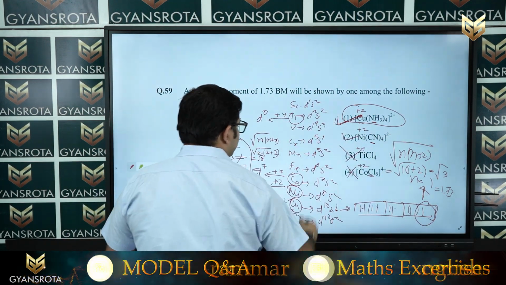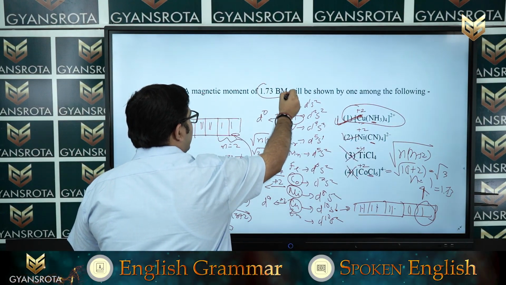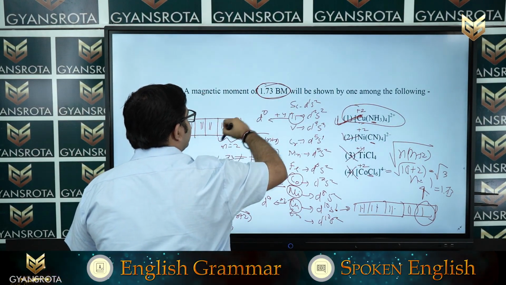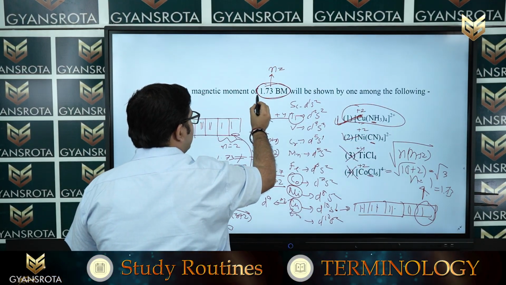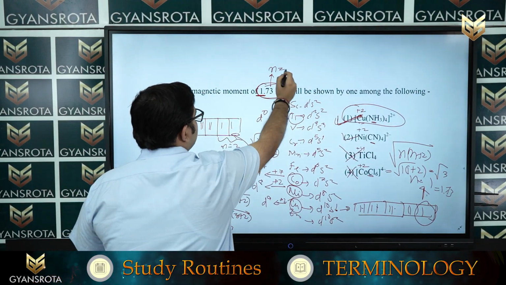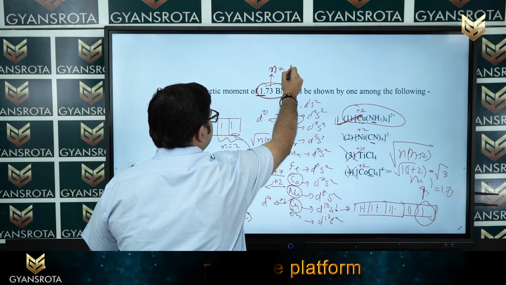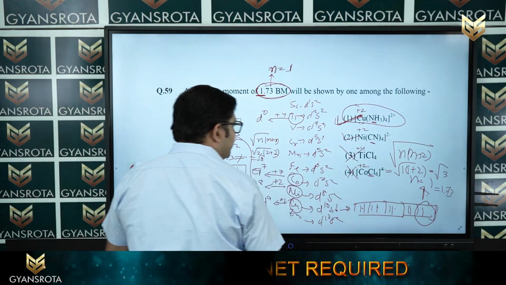Now, in the examination you do not need to do all this. If the value is given as 1.73, it means you have to find the number which comes before the point. So, your number of unpaired electrons is 1. Now just check where the number of unpaired electrons is 1.